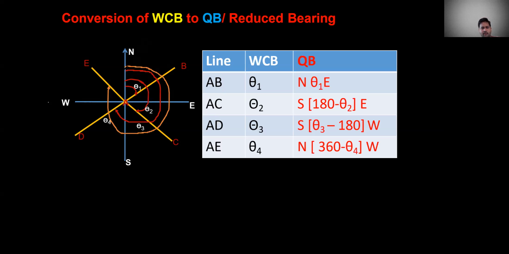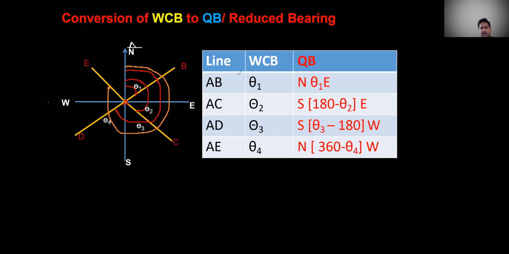So here we are taking stations B, C, D, A. This is station A. If you think about the line AB, the angle of AB is nothing but theta 1. If you want to convert that whole circle bearing into quadrilateral bearing, that is N theta 1 E, the northeast coordinate, and your angle will be theta 1.